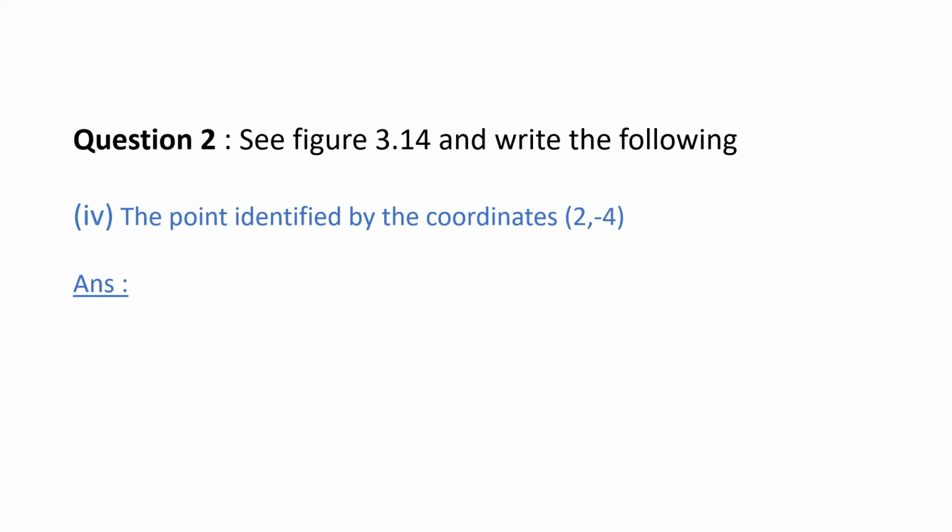Next, the point identified by the coordinates 2, -4. So let's look at the picture again. 2 and -4. That means x should be 2 and y should be -4. So let's search for 2, -4.